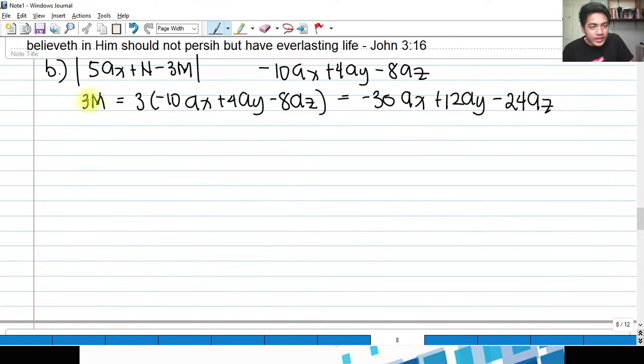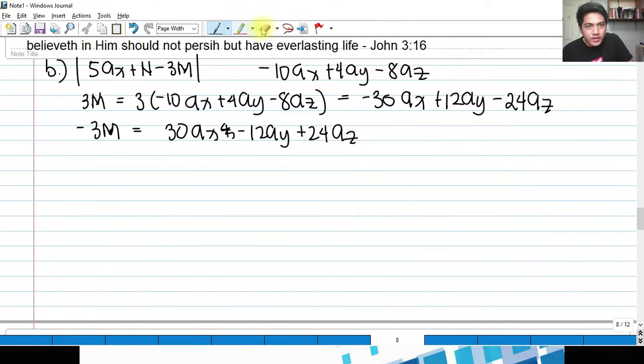So, this is only 3m. If we apply negative 3m here, we negate this: 30 ax minus 12 a sub y plus 24 a sub z. Why? Because it has a negative here. So, we're going to add this to all of the vectors here because we have distributed the negative sign.